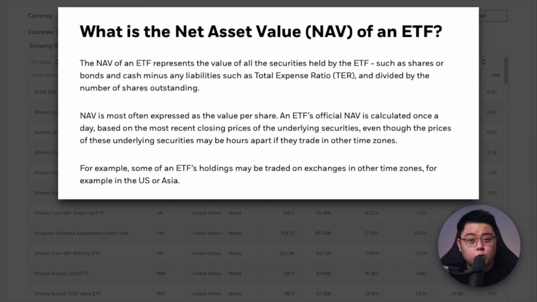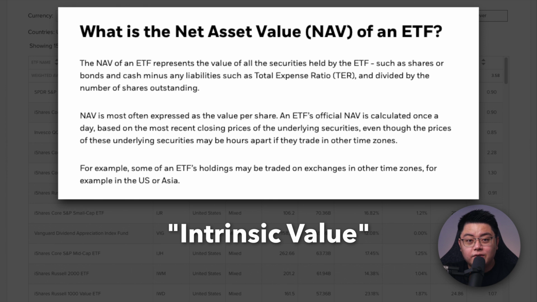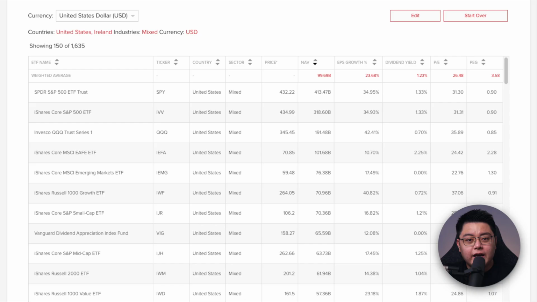This is somewhat similar to the enterprise value of a stock, where it is the quote-unquote intrinsic value of the ETF as opposed to the ETF's share price, which is the market perceived value. There is no right or wrong for either of them, it's just another way of valuing an ETF rather than just looking at its market valuation. And for the rest of it, EPS growth, dividend yield, PE, PEG ratio, I've covered them earlier.